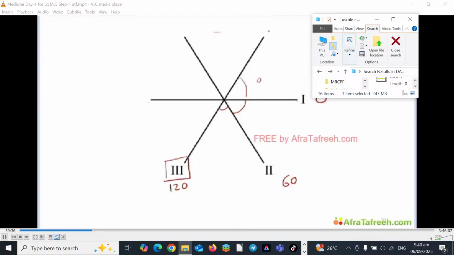This would be the opposite of lead 3. I don't think it is visible. It is the opposite of lead 3. This area, lead 2, this would be the opposite of lead 2.